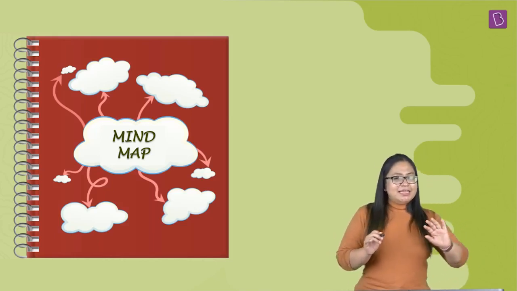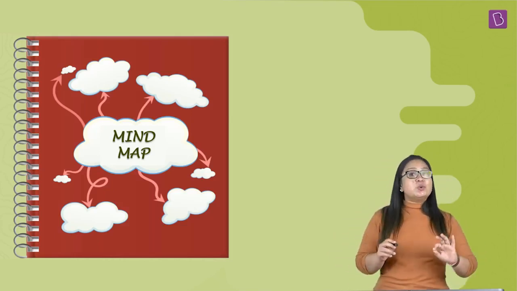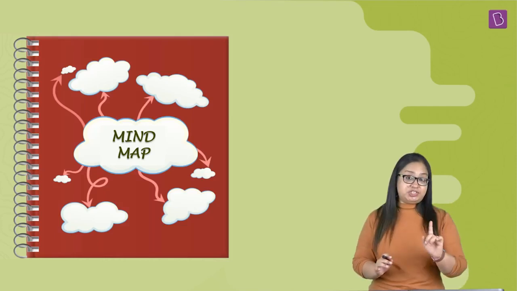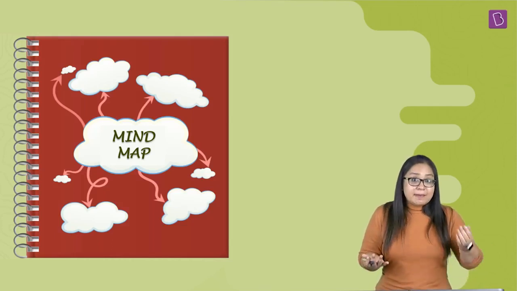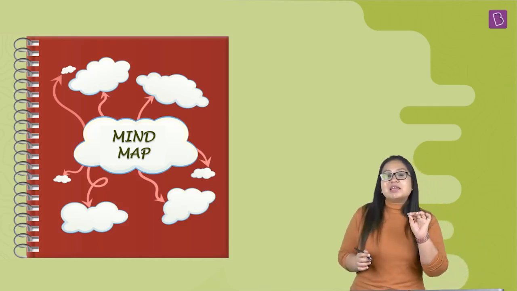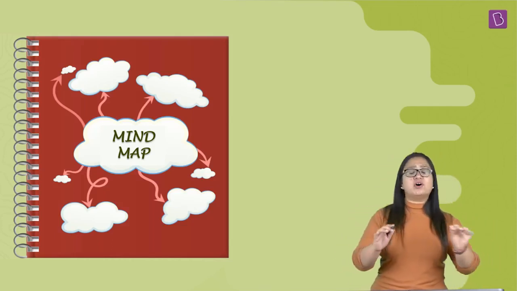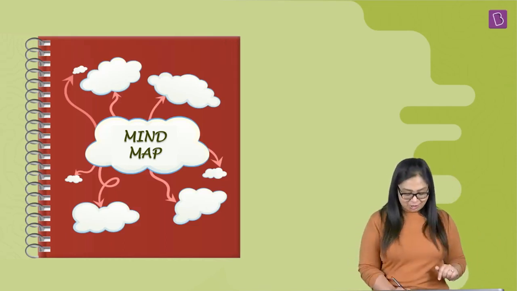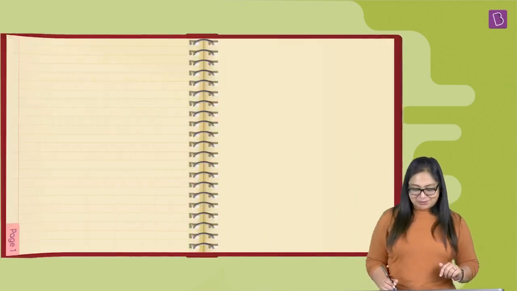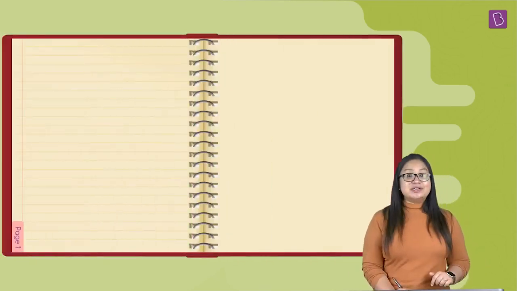Now, let me show you how it is done for one math chapter. Just for example, pair of linear equations. But you can make mind maps of any chapter of any subject. It's very helpful, all right? So, what do you do first?